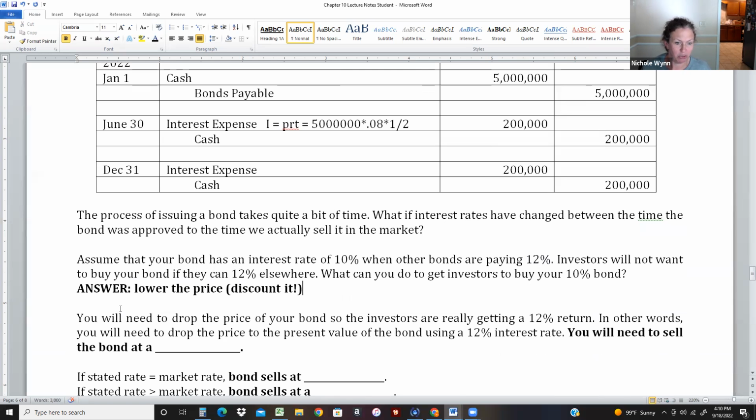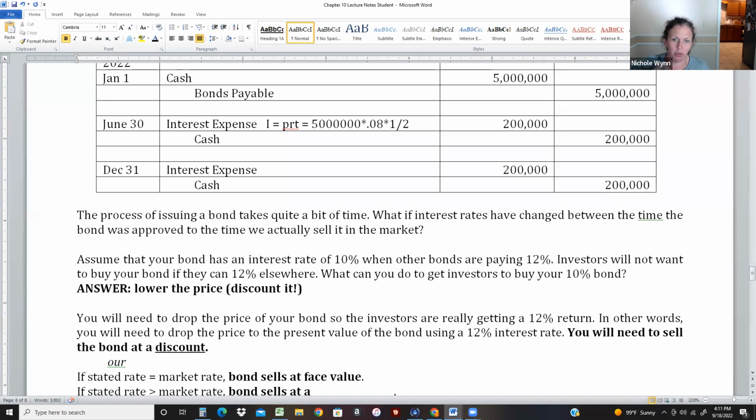Okay. So you'll need to drop the price of your bond so the investors are really getting a 12% rate of return by selling it at a discount. So if the stated rate and the market rate are the same, keep in mind that the stated rate is our rate, then our bond is going to sell at face value.